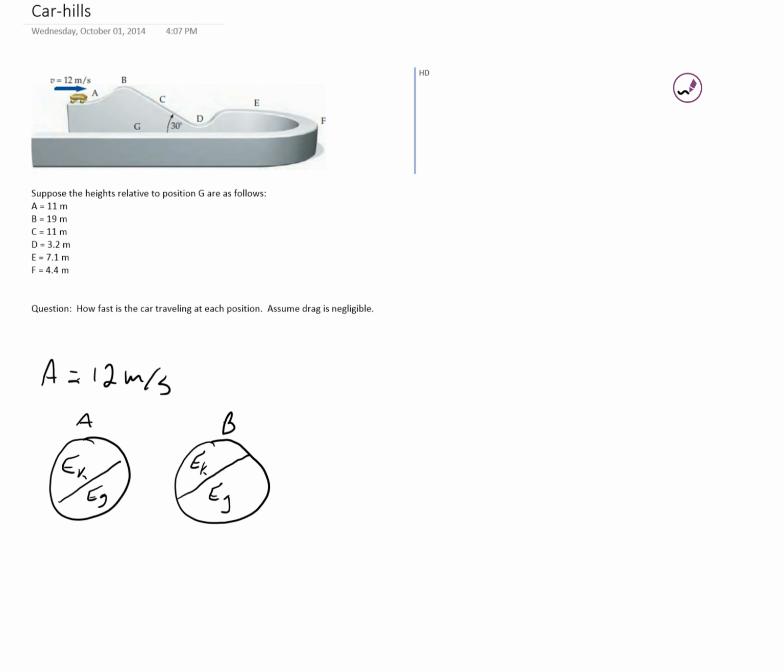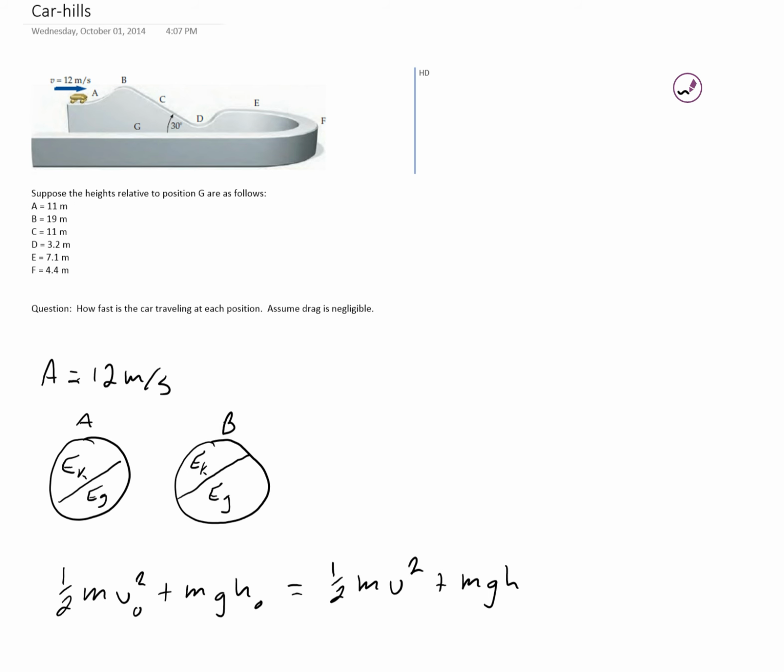We just need to set these two equal to each other. So we have 1/2 mv squared initial plus mgh initial is equal to 1/2 mv squared for the final velocity plus mgh for the final height.